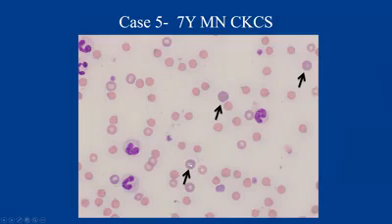These are the indicators of regeneration. They are red cells, but they're larger than normal red cells, and they have this more blue-purple color to their cytoplasm, just because they haven't lost the RNA yet.